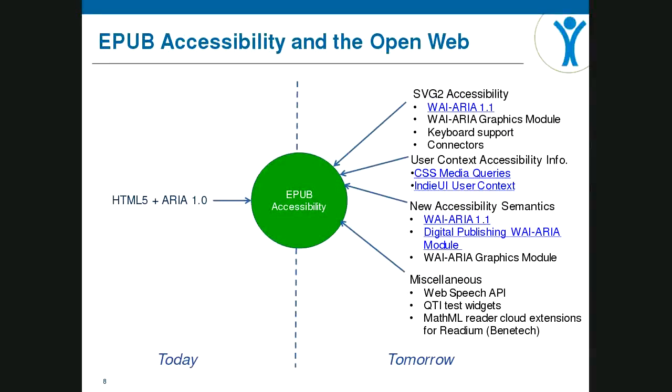We get the benefits of ARIA as well. All the work that's gone into accessibility for the web is captured, reused and repurposed in EPUB. In all of our publishing guidelines and standards, we harmonize with the WAI guidelines so that whether you're producing something in EPUB or for the web, the techniques for accessibility are the same.